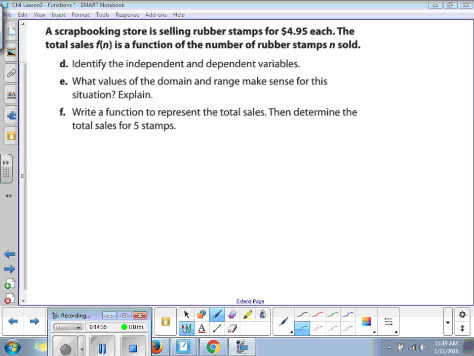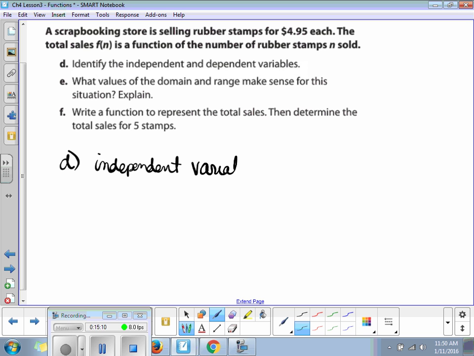All right, so here, the independent variable is the number of rubber stamps sold. Okay? That causes the total cost to change, which makes the cost the dependent variable. Okay? So, for letter D, the independent variable is the number of stamps sold.